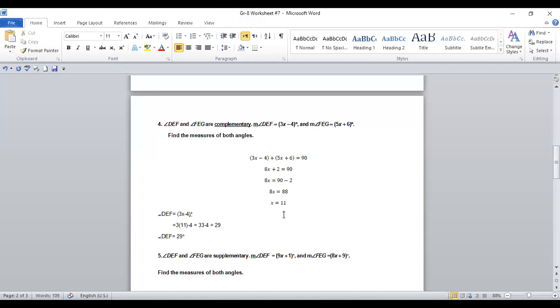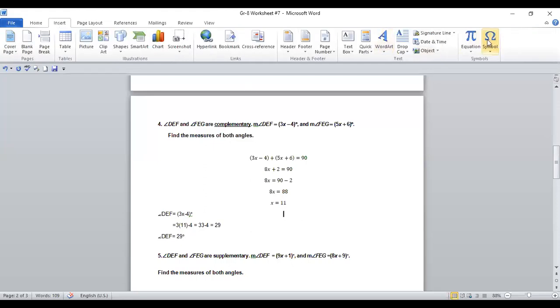Okay, now that we know angle DEF is 29 degrees, let's find out angle FEG. Now to make it easier for you, I'm going to just subtract 90 minus 29, which is going to give me 61 degrees.